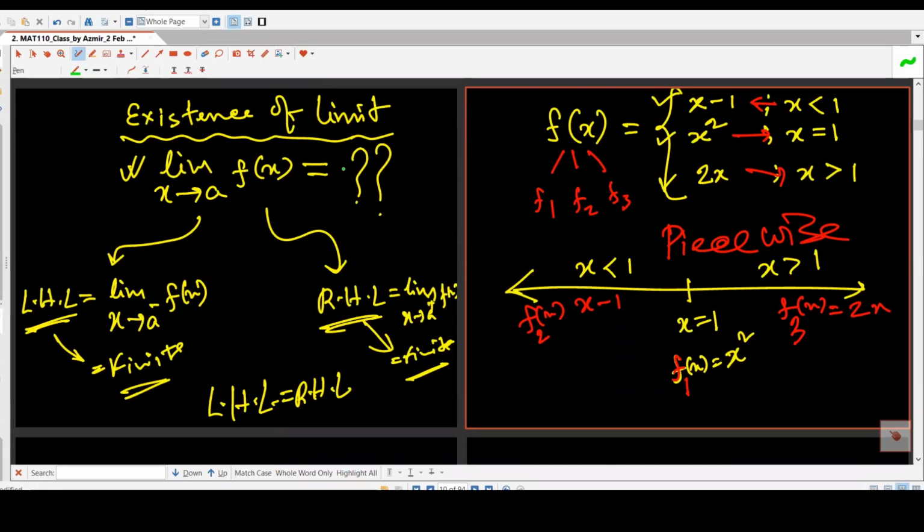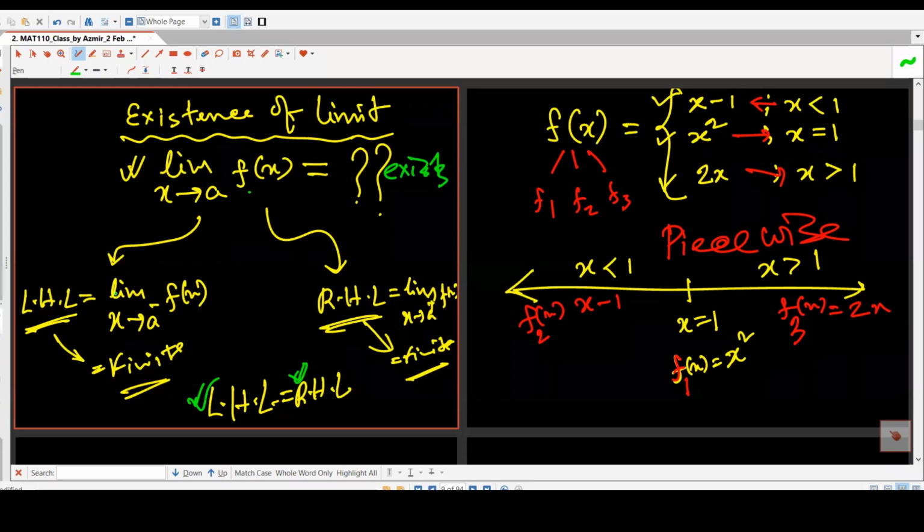Up to now, we have understood that the limit of any function will exist if it is a finite value, a real number. Now we are extending our idea that the limit of the same function will exist, but mathematically we are using a different definition. So what is the definition? The limit of this function will only exist if the left hand limit and right hand limit are the same.